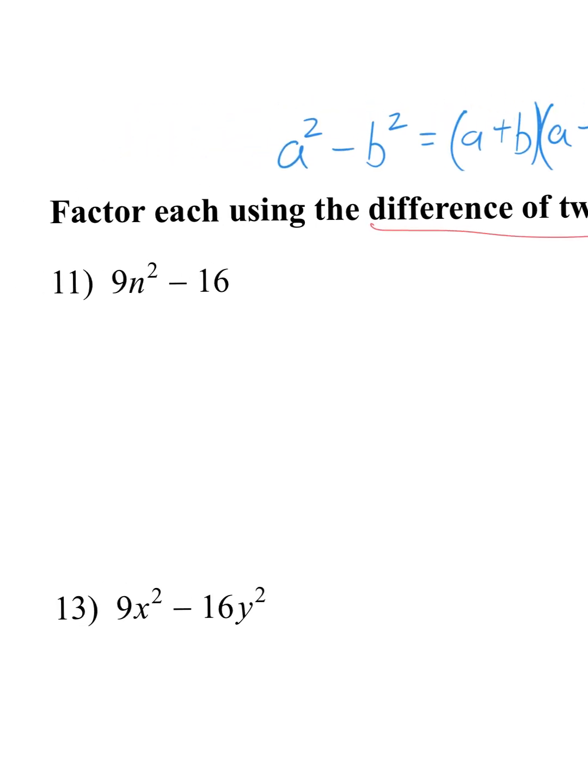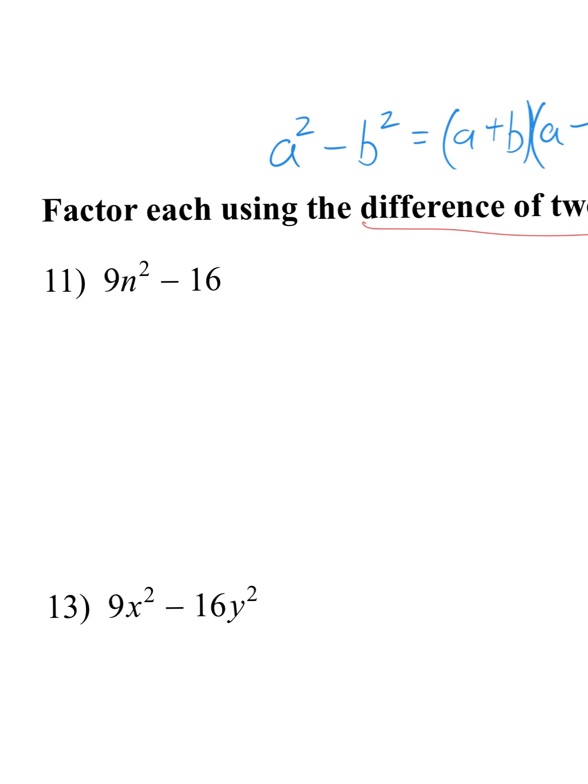Let's take a look over here. I see 9n squared minus 16. Both of these look like squares to me, so I'm going to rewrite them as proper squares. 9n squared comes from 3n being squared, and 16 is 4 squared. So I can identify that these fit in the spots for my a and b.